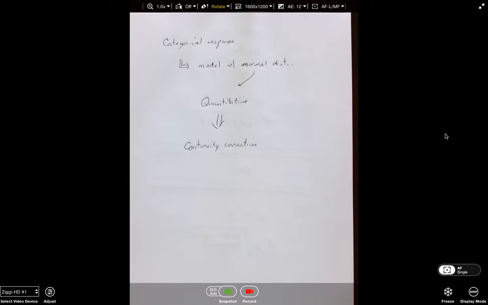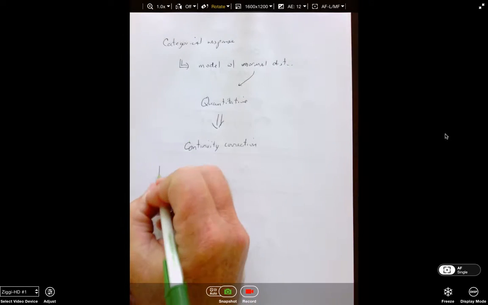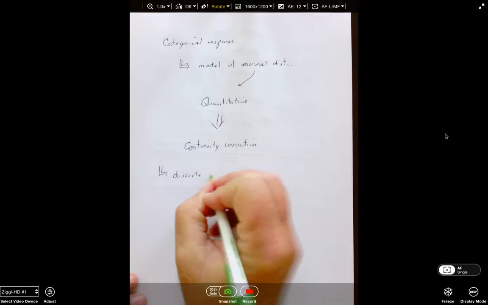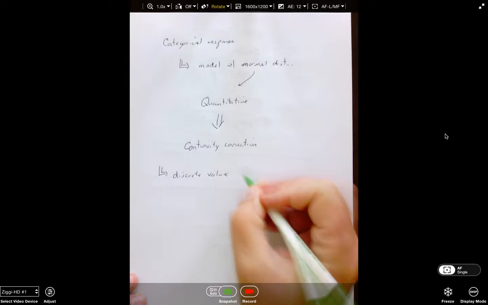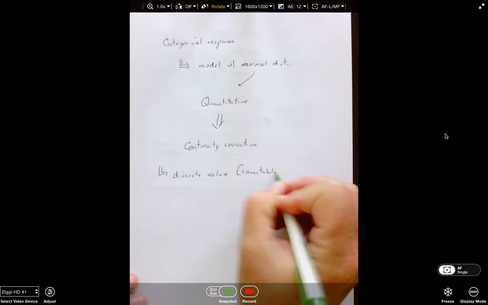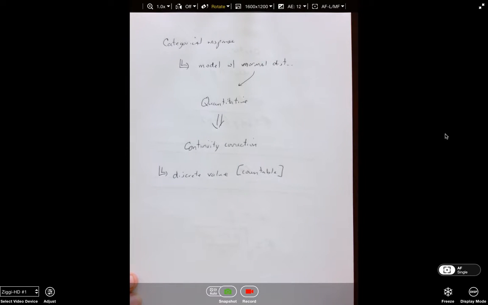Now, a continuity correction, all this thing does is it takes a discrete value. And guys, what's meant by discrete? Countable. I can't count your IQ. I can measure it. I can't count your weight. I can measure your weight.